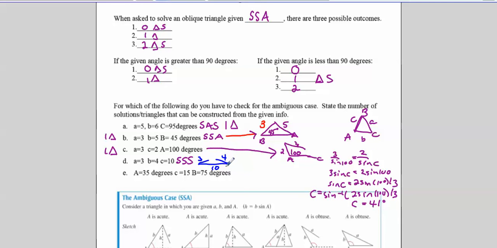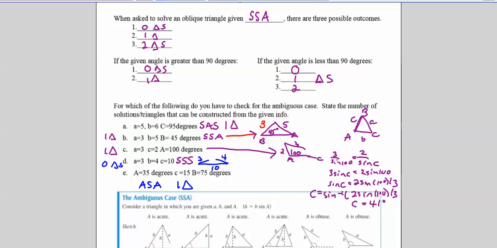There is a simple rule from geometry that says the two smaller sides have to add up to more than the third side, or these sides will never meet up and make a triangle. So this is actually a case of 0 triangles. And then in part E, we are given 2 angles and the side between them, which is angle, side, angle. And angle, side, angle from geometry class we learned proves just one triangle.